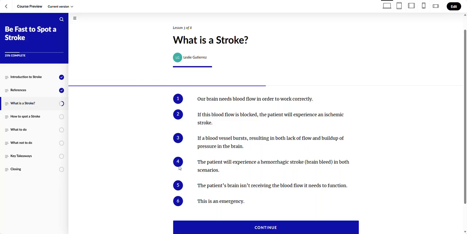The patient will experience a hemorrhagic stroke, a brain bleed. In both scenarios, 5. The patient's brain isn't receiving the blood flow it needs to function. 6. This is an emergency. Continue.